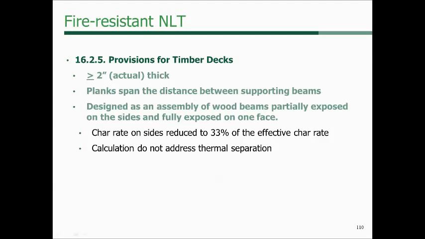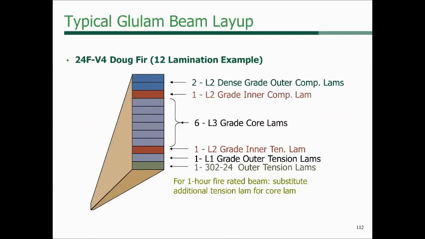There are procedures within the NDS that say char rate on the sides needs to be reduced to 33% of the effective char rate. These calculations do not address the thermal separation that could occur between the nail-laminated timber. Under this section, you can calculate what additional depth and width you would need to achieve up to 2 hours of fire resistance.